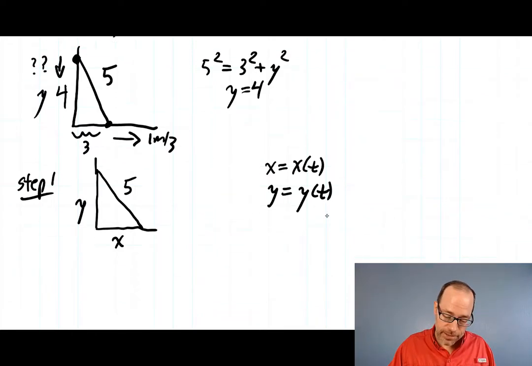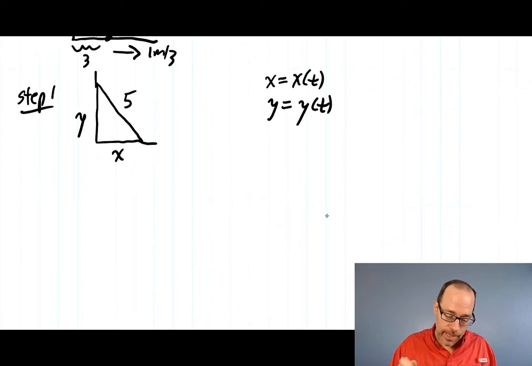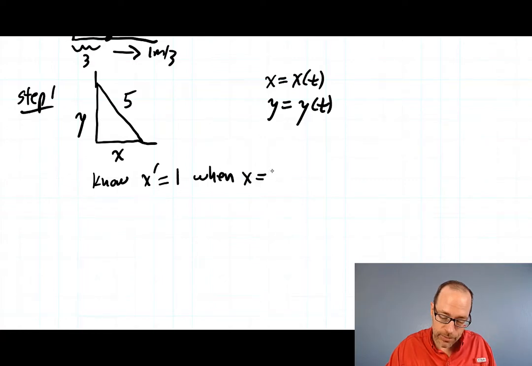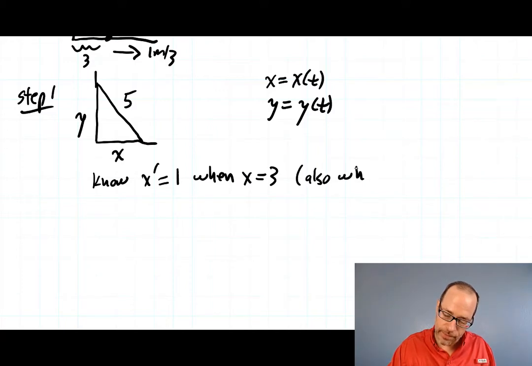Get some variables, and then rephrase what we know. So we know that x prime, the velocity, the rate at which it's sliding, is 1 when x is equal to 3. And of course when x is equal to 3, that's when y is equal to 4.